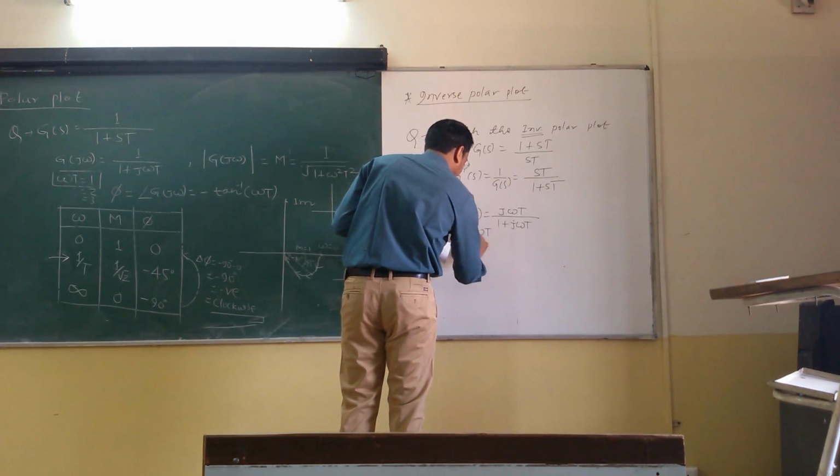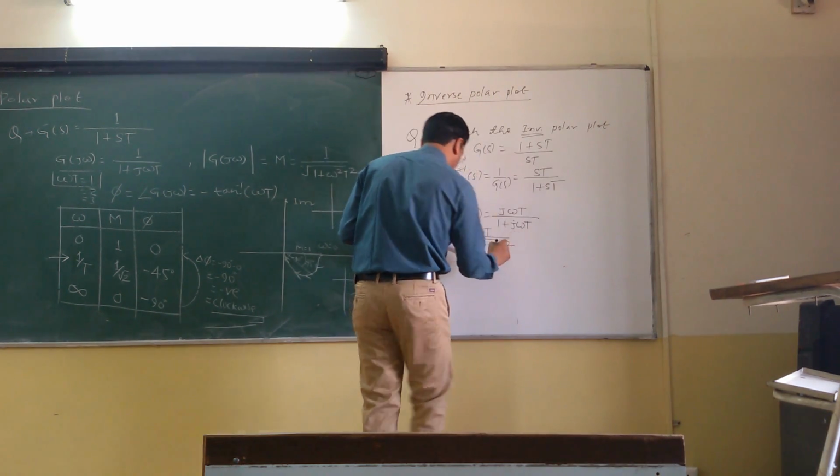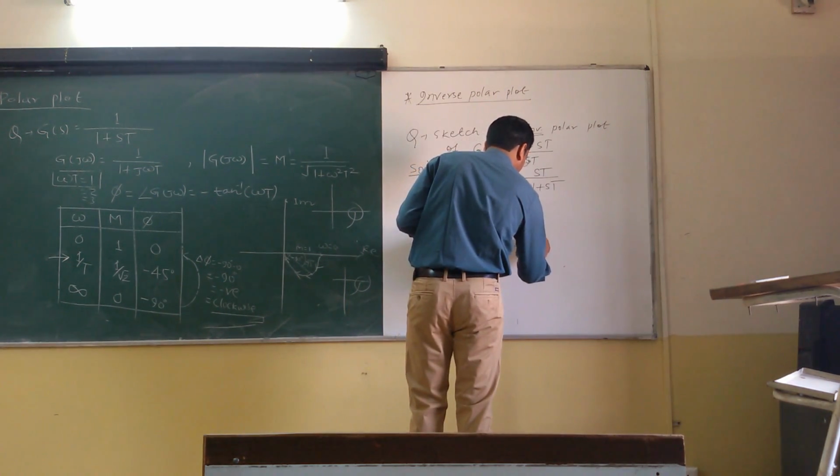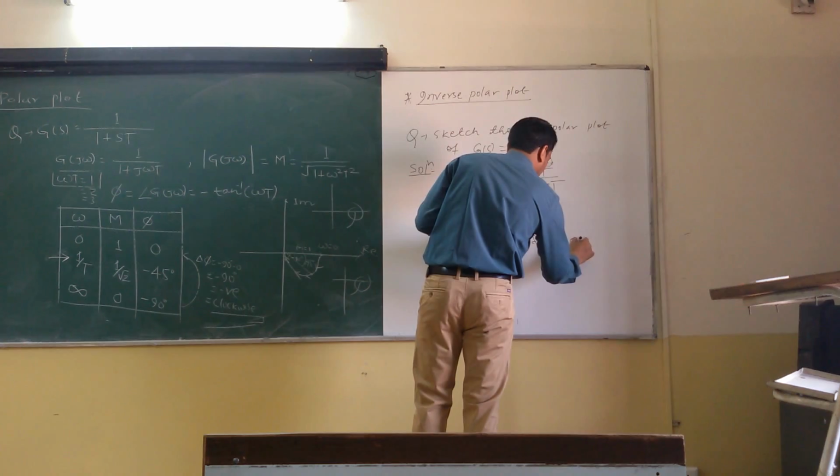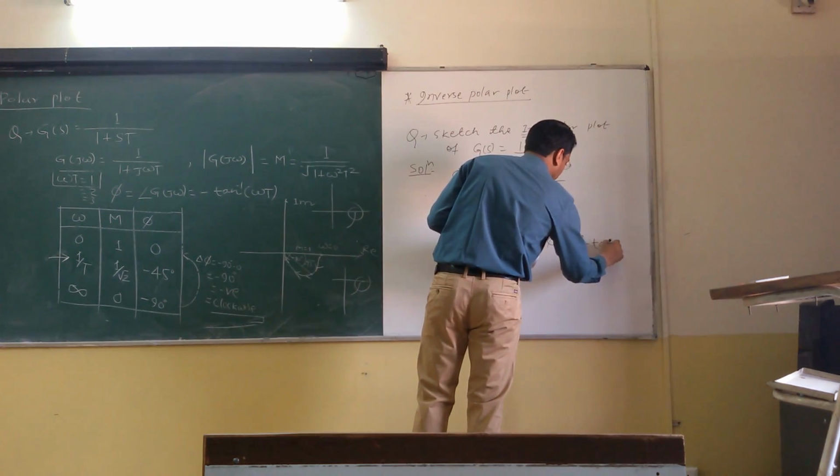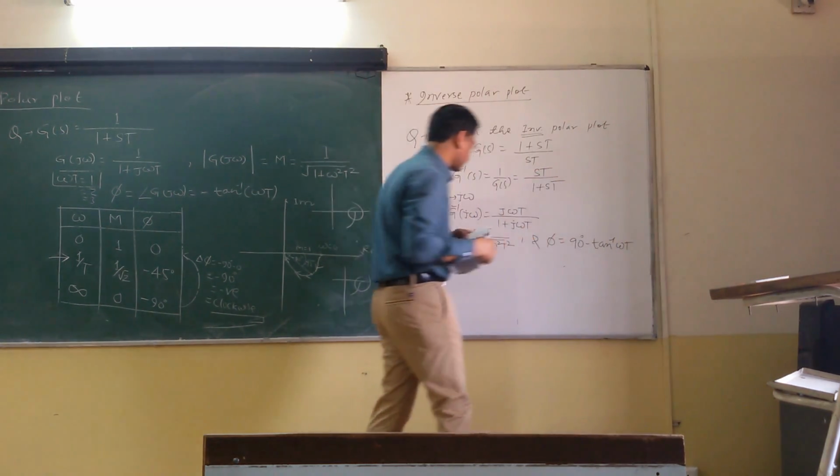The magnitude will be omega T divided by the square root of 1 plus omega square T square, and phi will be equal to 90 degrees minus tan inverse omega T.